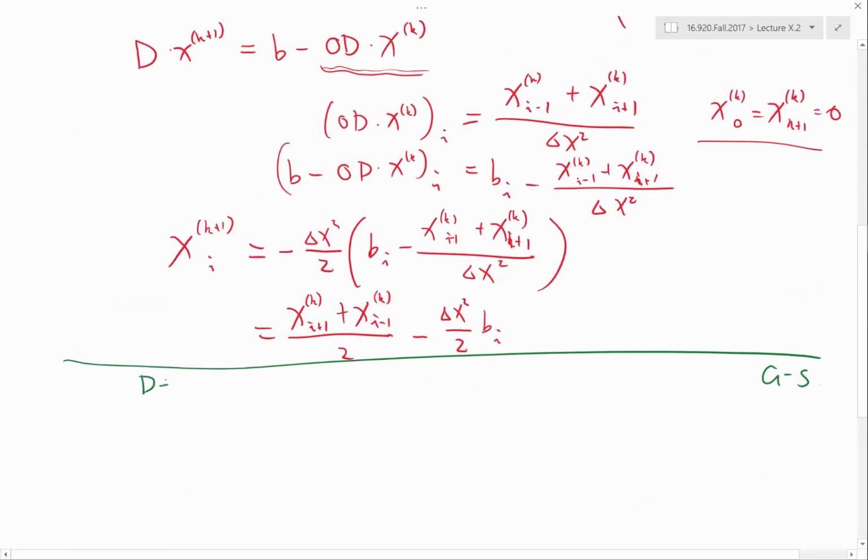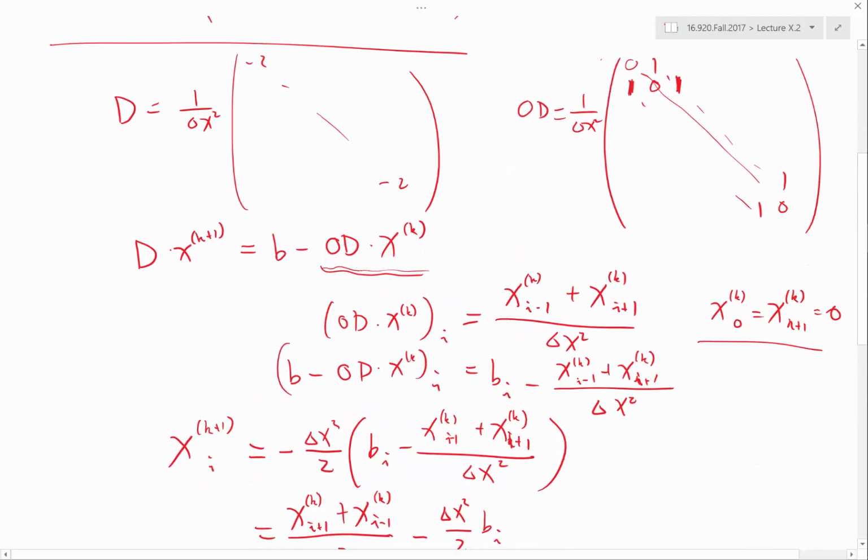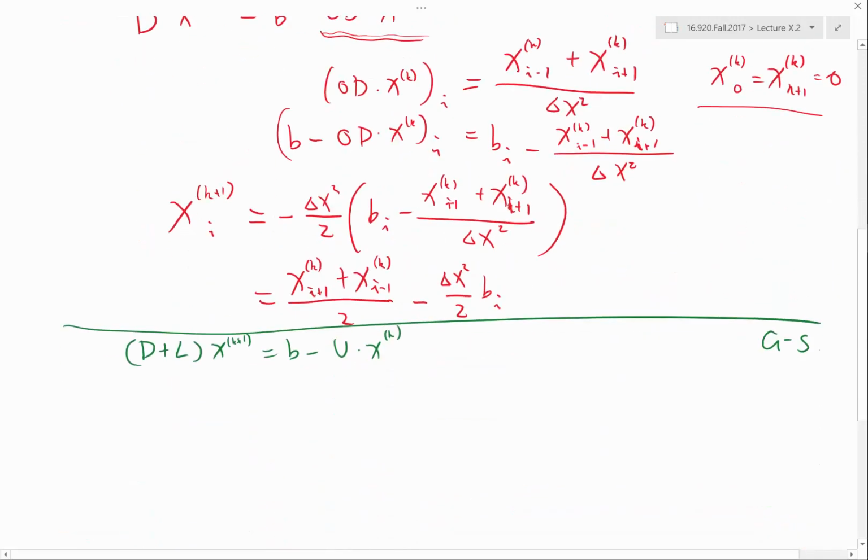So let me say L plus U times x k plus 1 is going to be b minus U times xk. So evaluating the right hand side is even easier, right? So now I don't really want to write out the matrices because the upper diagonal is just the upper ones, the lower diagonal is just the lower ones.